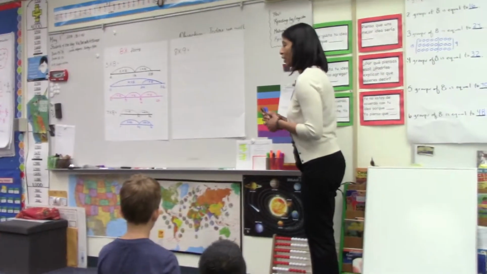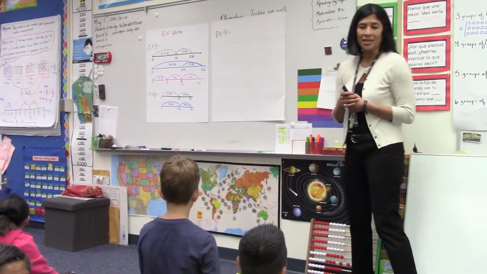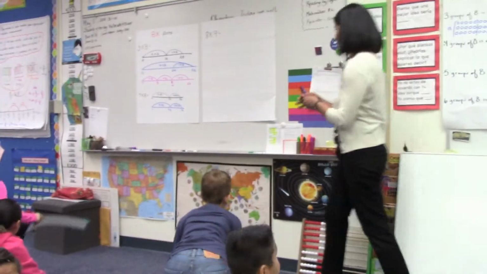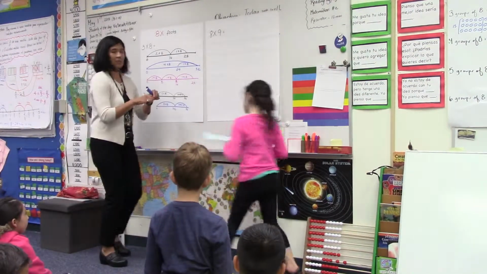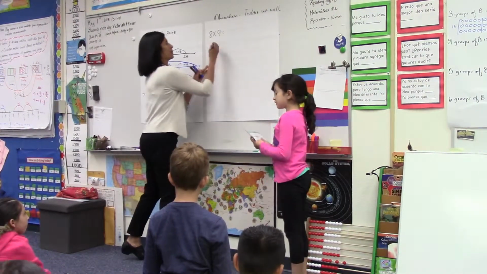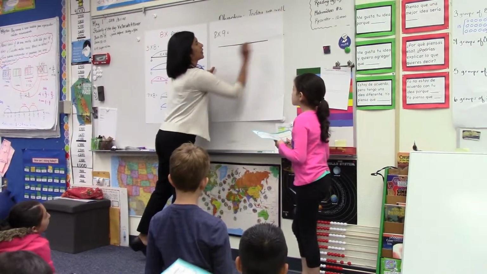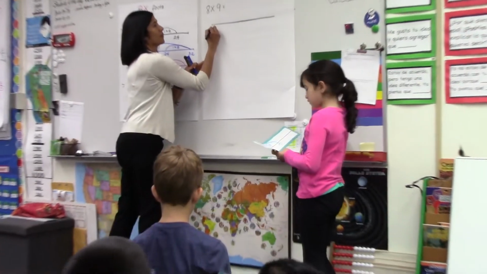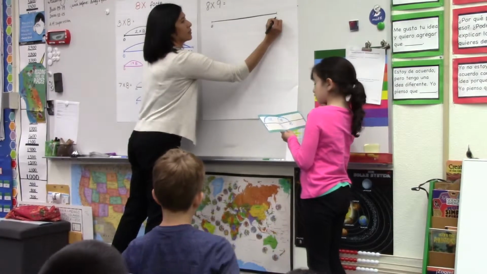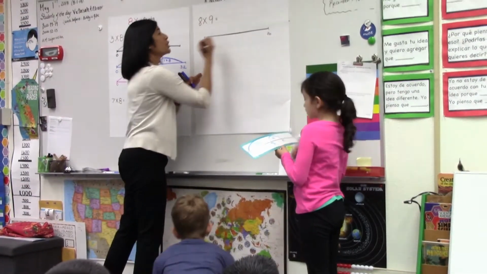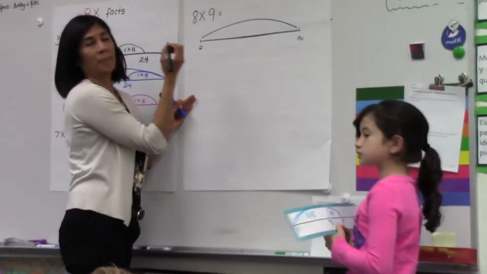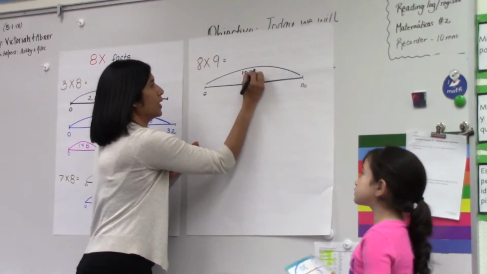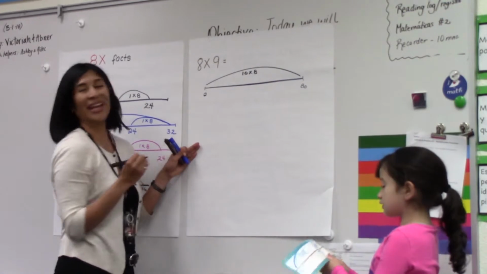I'm going to ask Morgan to show us how she figured out 9 times 8 or 8 times 9. And it looks similar to something that another student did. Okay, say that again. Okay, so Morgan did how many groups of 8? 10 groups of 8. Is that too many? Yes, right?